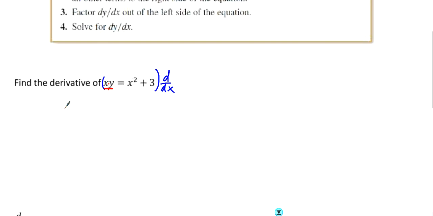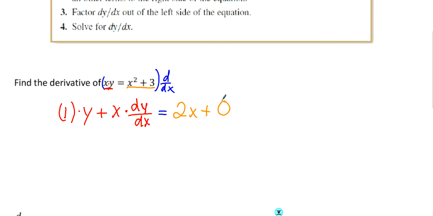The derivative of x is 1 times the second y plus x times the derivative of the second. The derivative of y is dy over dx. Okay? Now that's going to be equal, and now we do the other side. The derivative of the other side is going to be 2x plus 0. Okay?